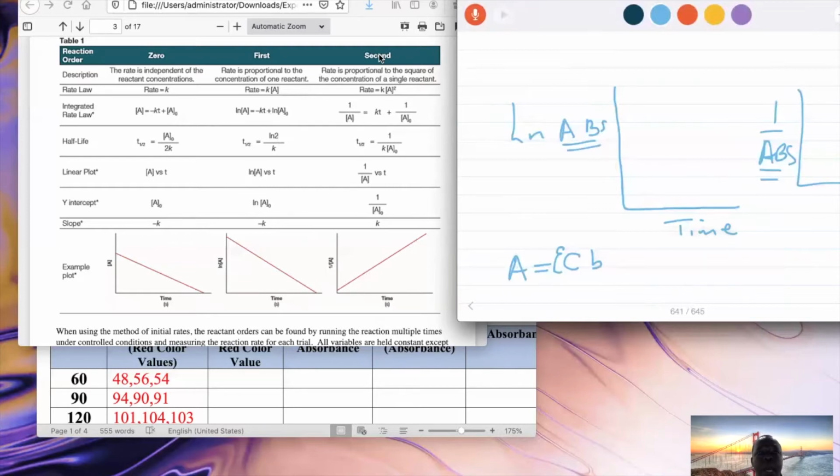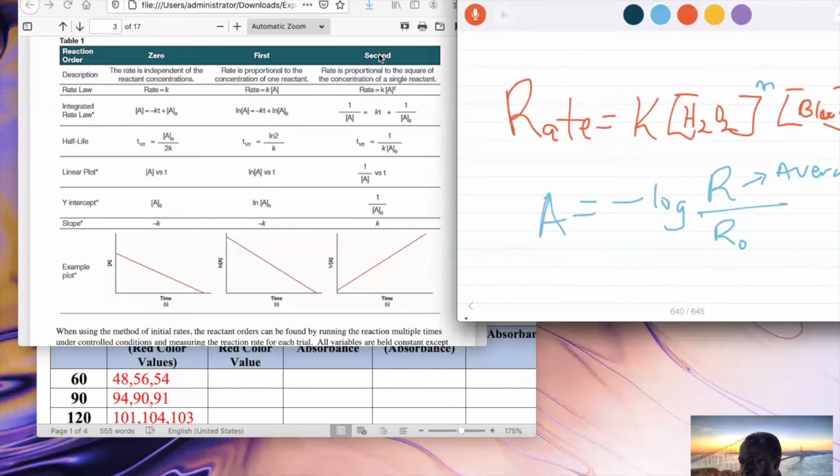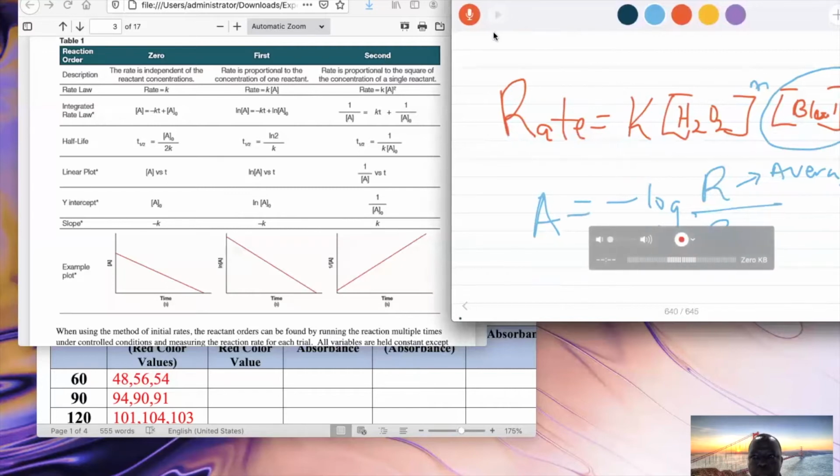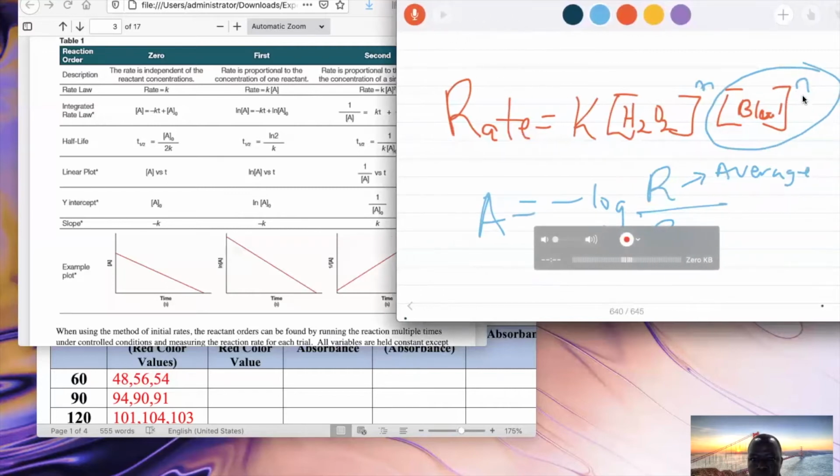That is how you determine graphically the rate at which blue dye is reacting. That means you will graphically determine the value for n in this equation.